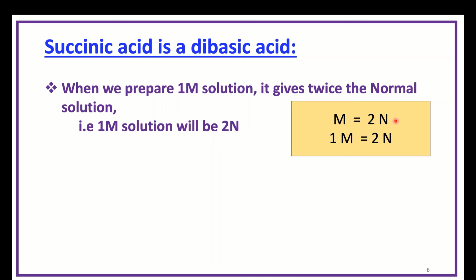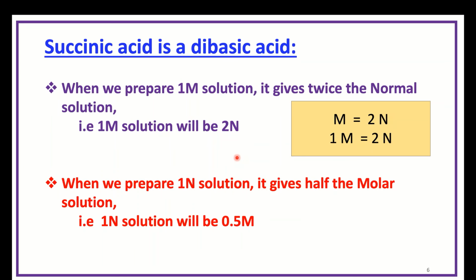The molecular weight of succinic acid is twice its equivalent weight. It differs from substance to substance, depending on basicity. Succinic acid is a dibasic acid, so when we prepare a 1 molar solution in the laboratory, its normality will be 2 normal.